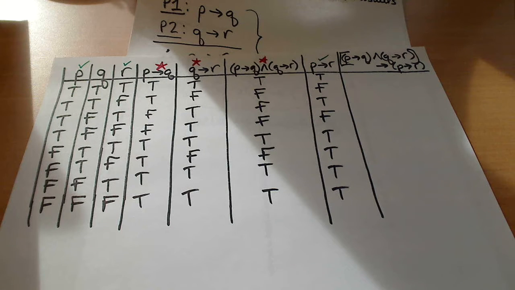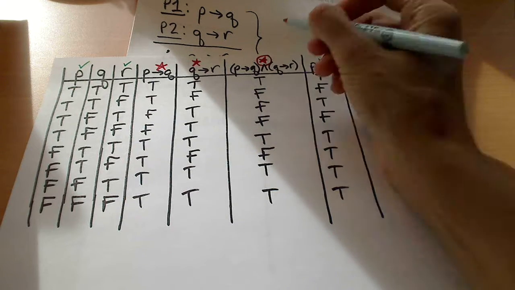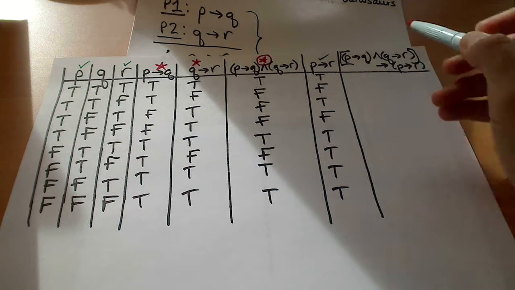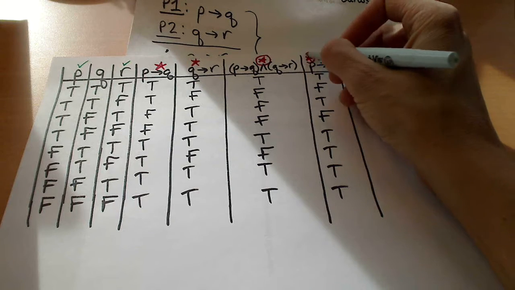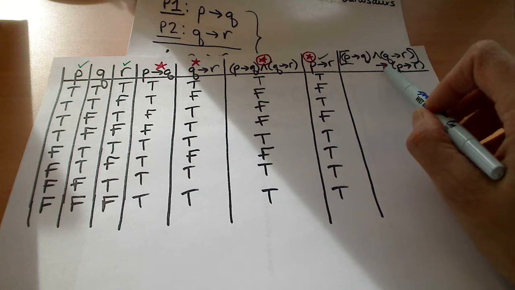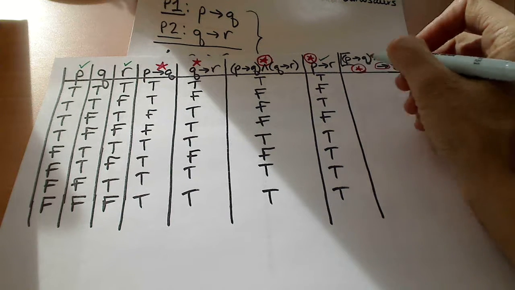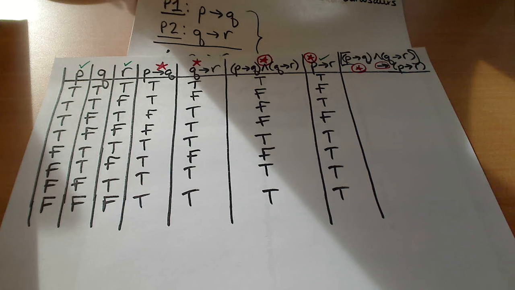Okay, and now we're going to compile. So we're looking at this column right here, and I'll go ahead and make it a star with a circle around it, and this column right here, and we're going to bring those two columns together with a conjunction right here. I mean, sorry, I said conjunction, I meant conditional.